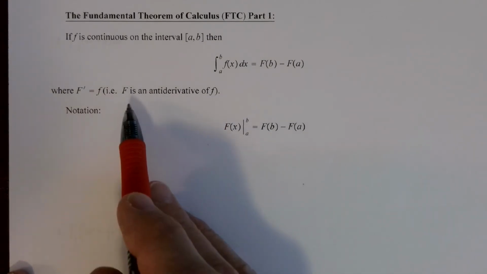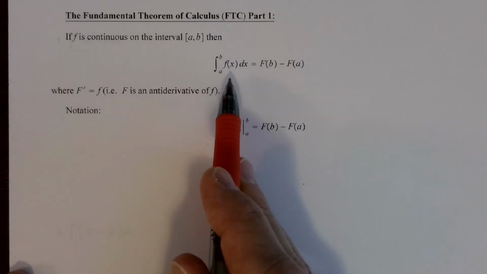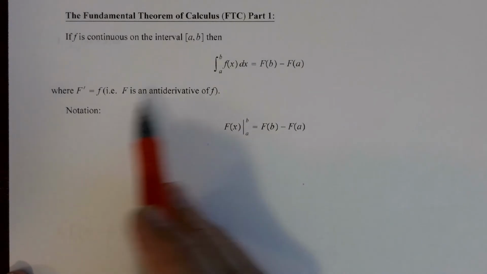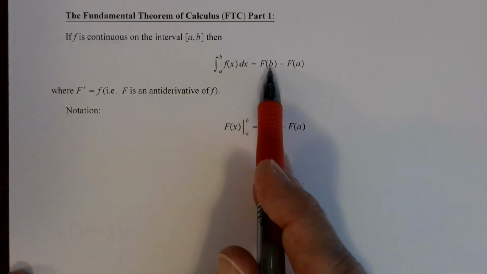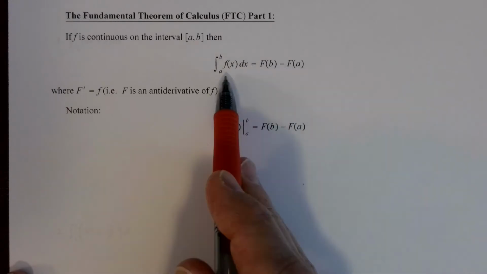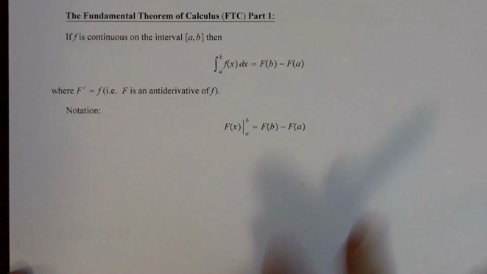And so here's the connection. This is the definite integral, and we can evaluate the definite integral by using the indefinite integral, if you think about it. Evaluated where? At b, which is the upper limit, and then at a, which is the lower limit, and subtracting. It has to be in that order, right? You can't commute subtraction.